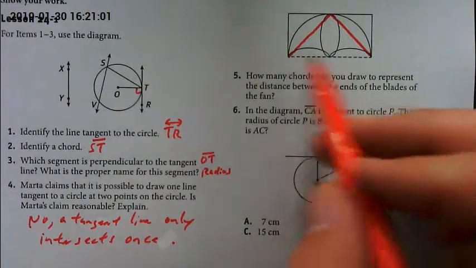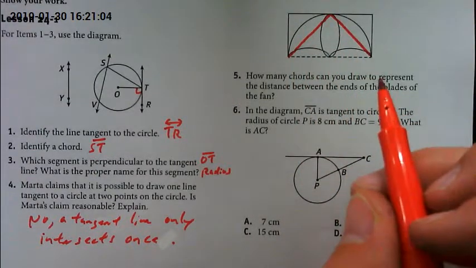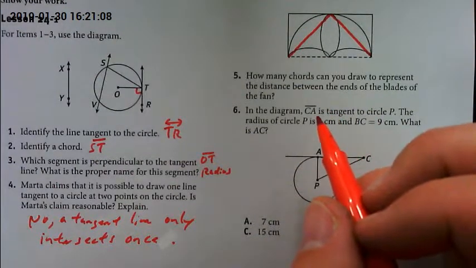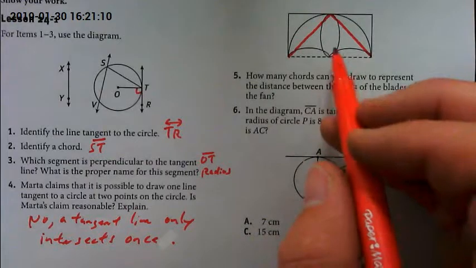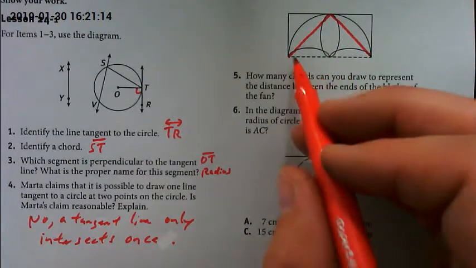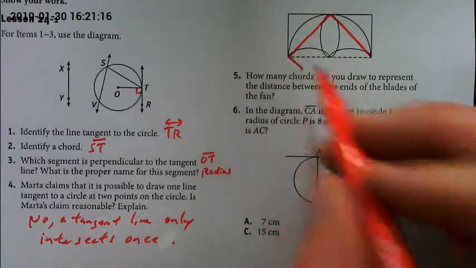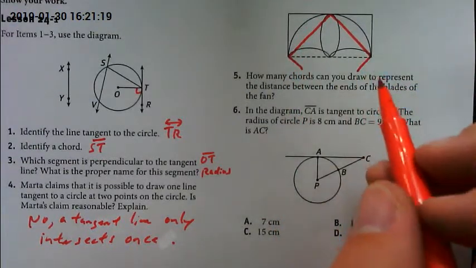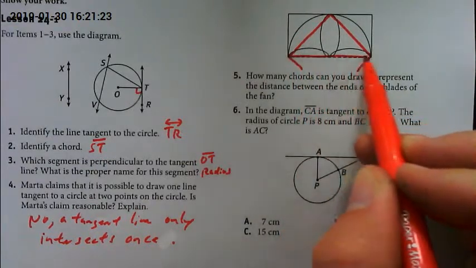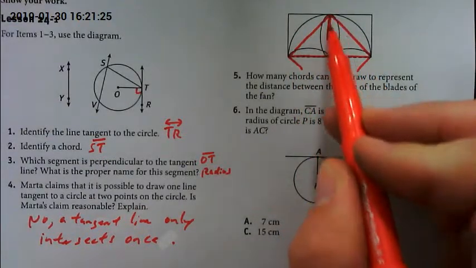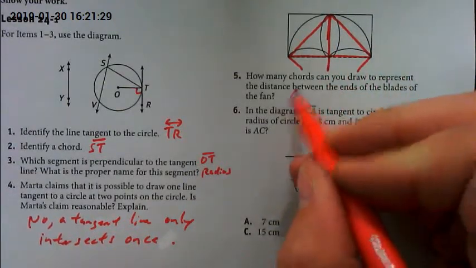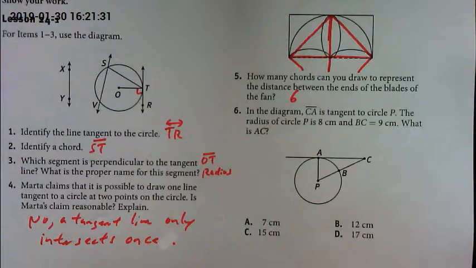It says the ends of the blades. These would be your blades of fans. Now, you also have another blade that's going to be going down here, right? So you'd have one going down that way and down that way. So far we're at 4. You also have the 2 that would be the diameters going across. The diameters are chords. So you have a total of 6.